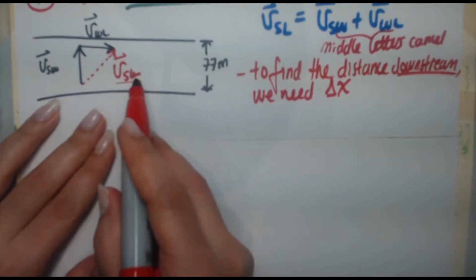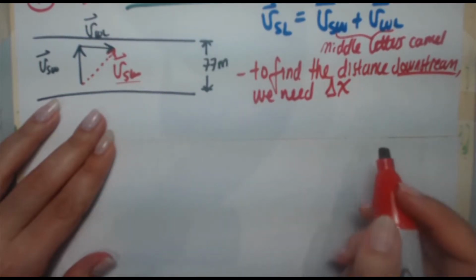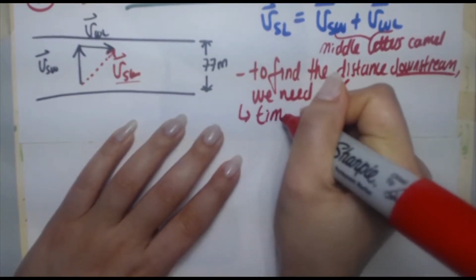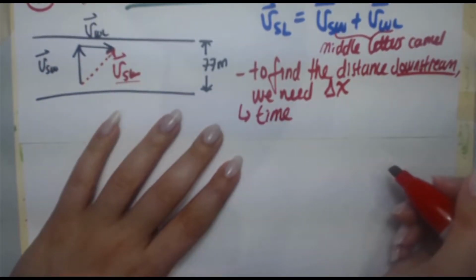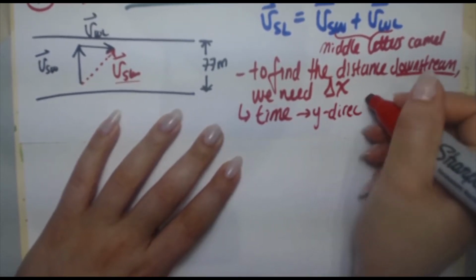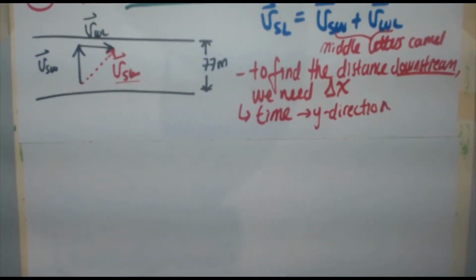Once we determine the VSL, the x component we're going to use to find delta x, and the other thing we need to find it is time, right? Because speed equals distance over time. The time we are going to find from the y direction. So now it should be looking even similar to the earlier two-dimensional kinematics problems. So this is almost blending those two areas together.